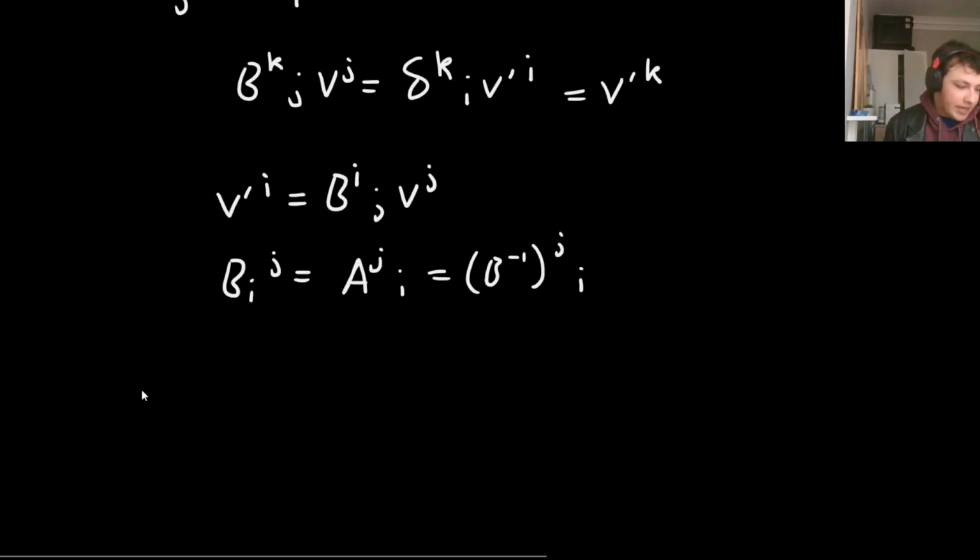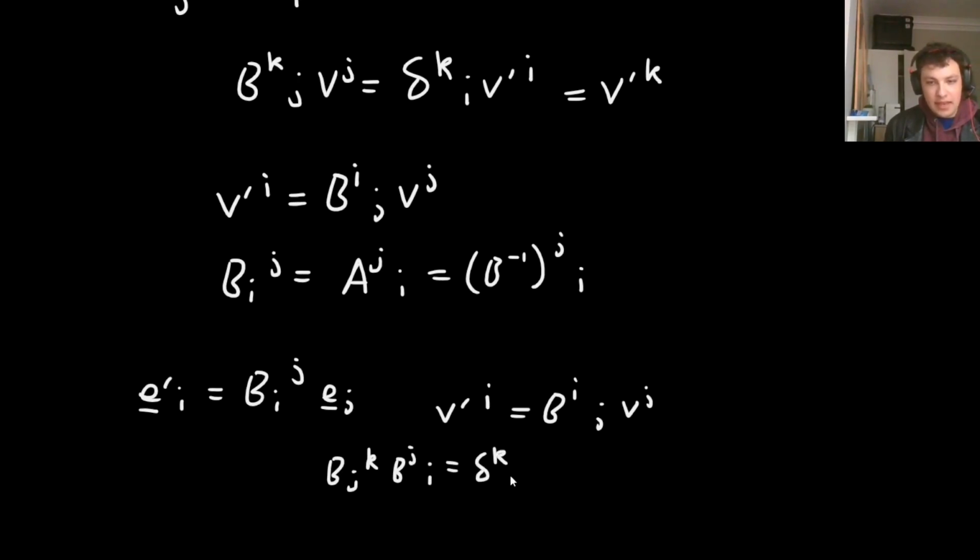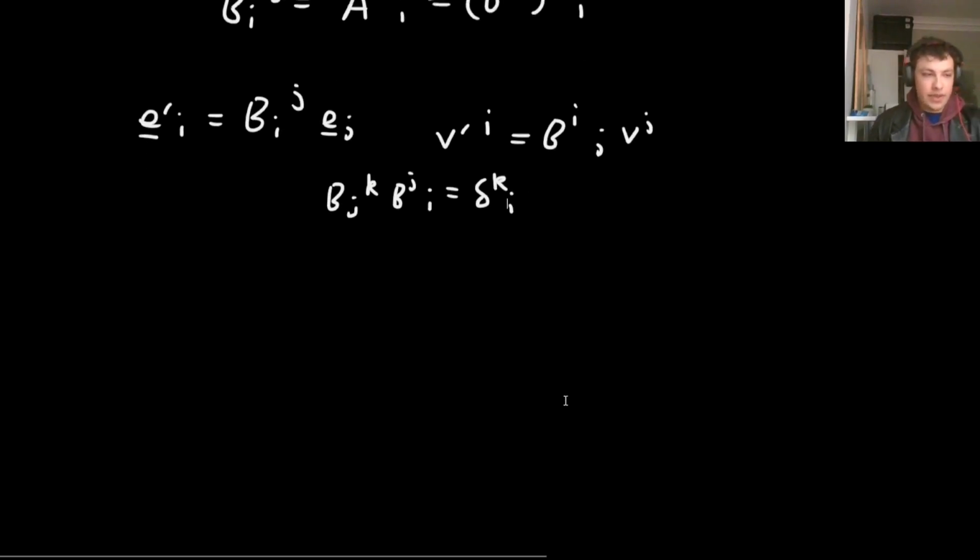So now let's just recap that the new basis element is B_ij times the old basis elements, and v'_i is B_ij times the old one, and just to really make it clear, b_jk b_ji is delta_ki. Okay.